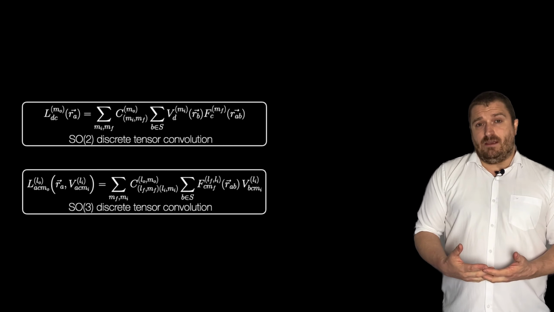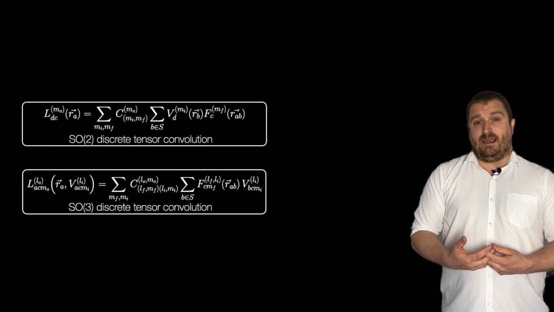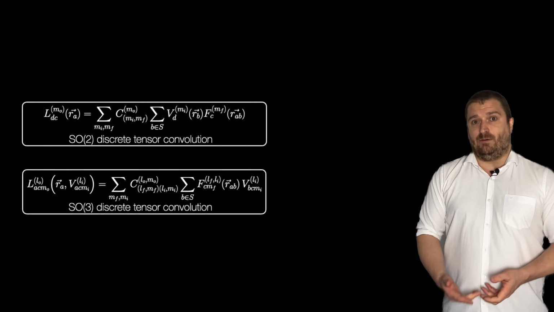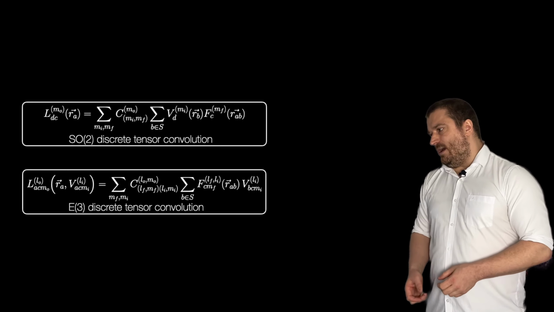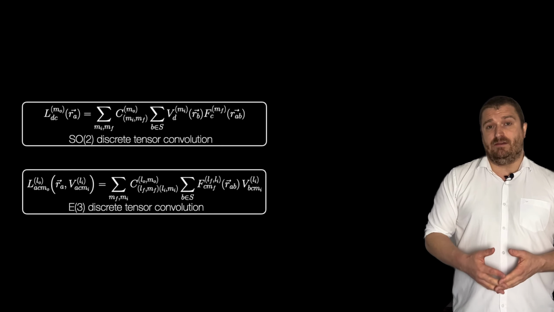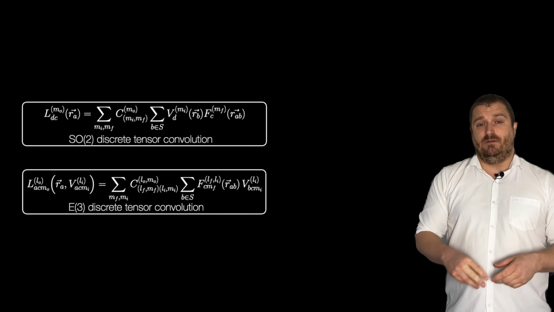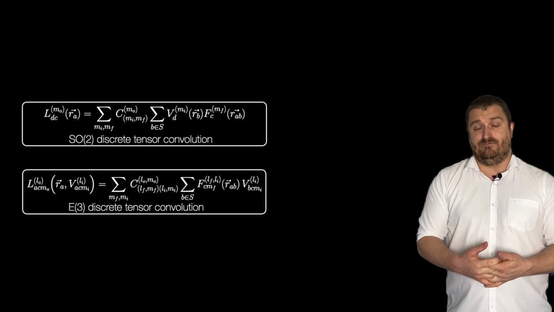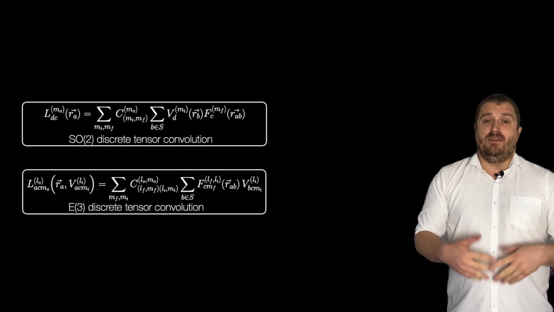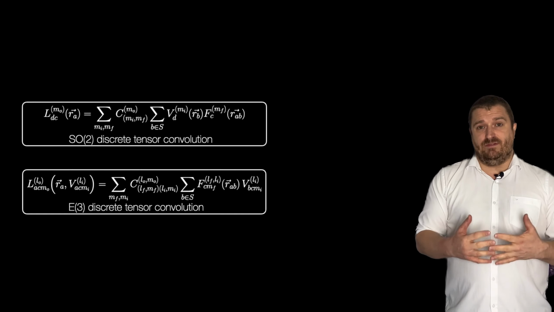Now, this isn't actually an SO3 equivariant convolution, it's an E3 equivariant convolution, because I haven't explained it here, but the translational equivariance and the permutation equivariance of this particular convolution is very easy to demonstrate. So that's something you can read for yourself, and I hope with that you're home and dry.